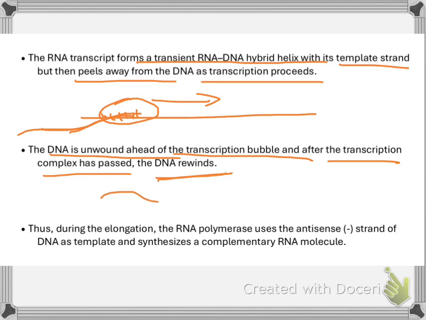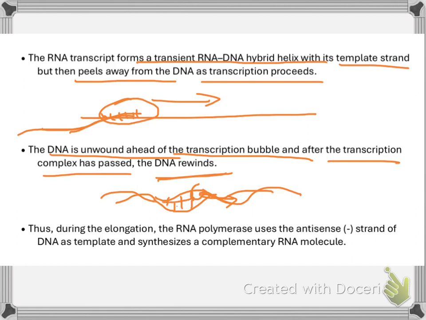That is, if this is the double-stranded DNA, here the transcription proceeds. Here a transcription bubble is formed. When the RNA polymerase moves from here to here, this double strand will rewind.